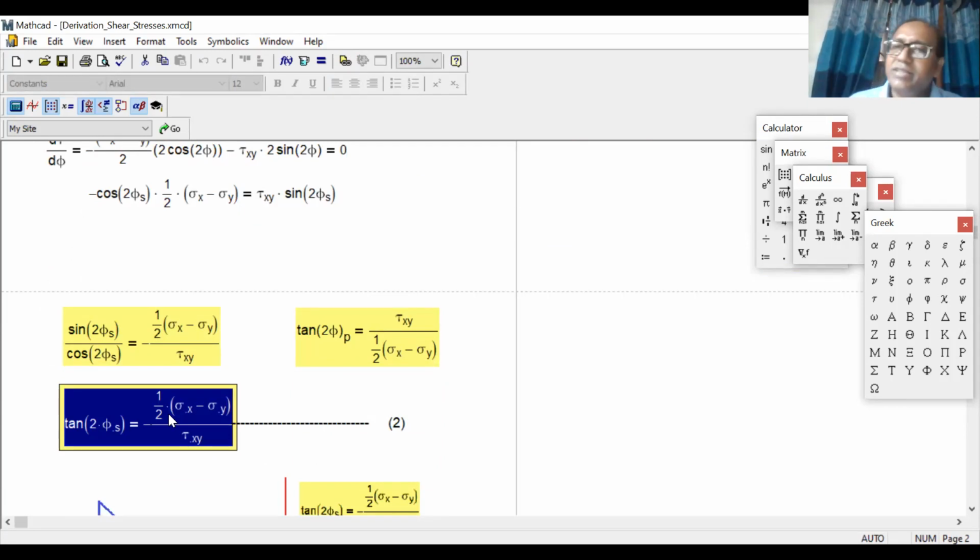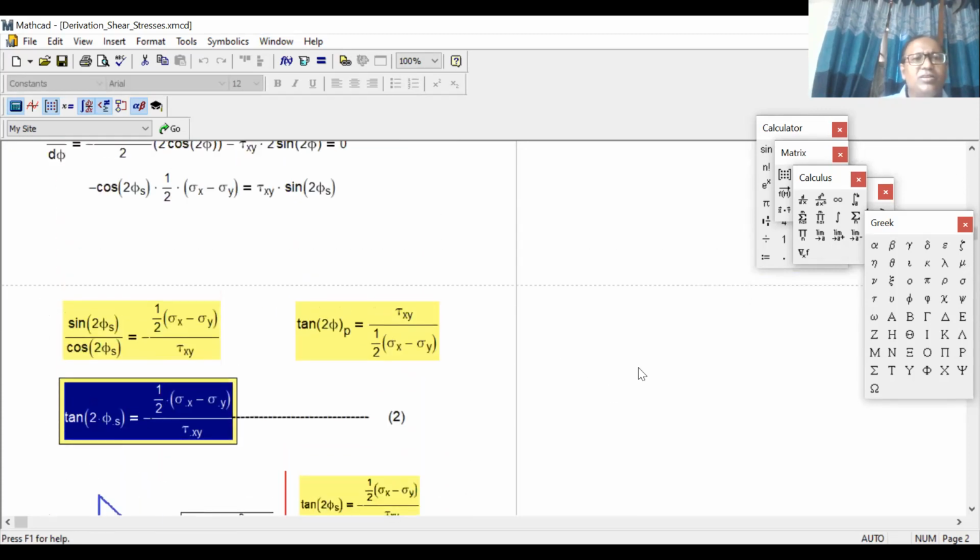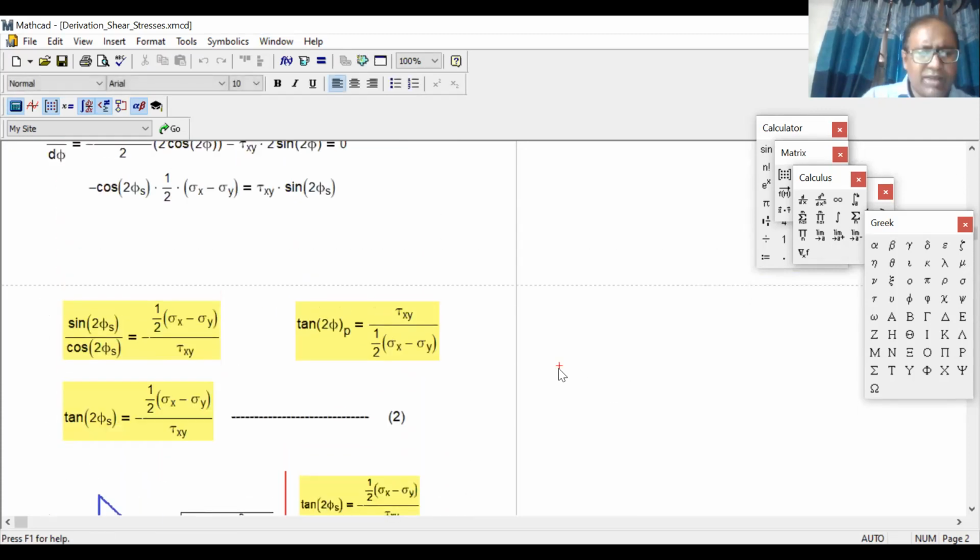So in that plane, your tau will be maximum. And the normal stress is not 0. There will be some value, so that we need to figure out. Now, how can we figure it out? Number one, I know 2 phi s. Say for example, just for example, it was 70.